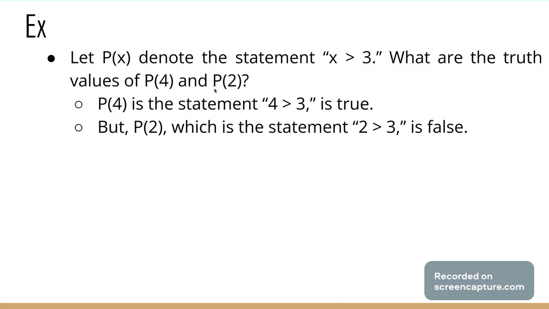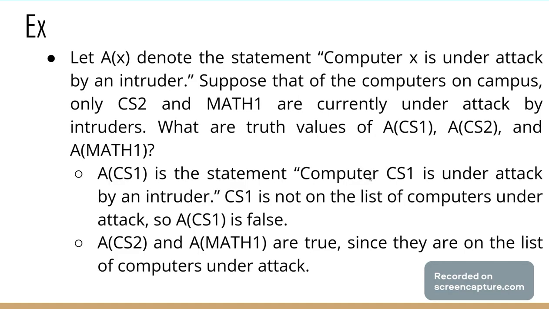Whereas if you assign the value 2 to x, 2 is not greater than 3, so P(2) is false. When we assign a value to the predicate, the output we get is either true or false, depending on the actual value of x, that is the subject.